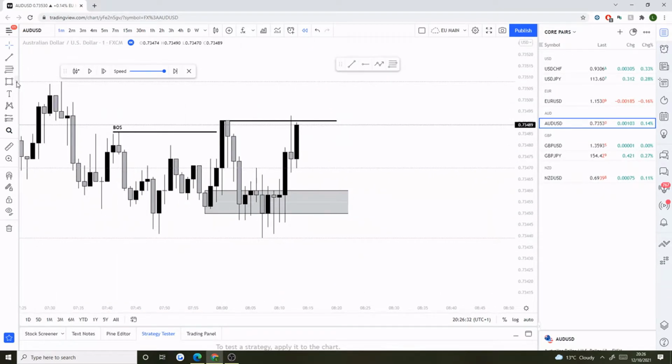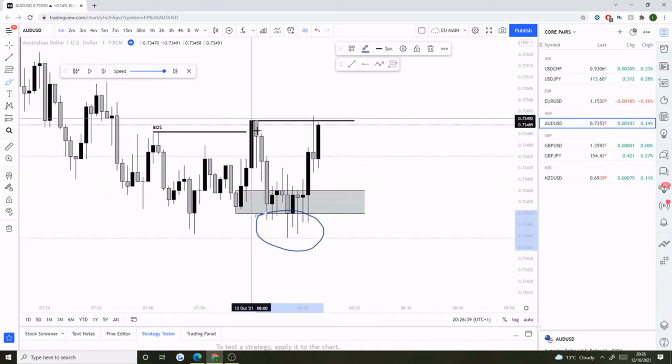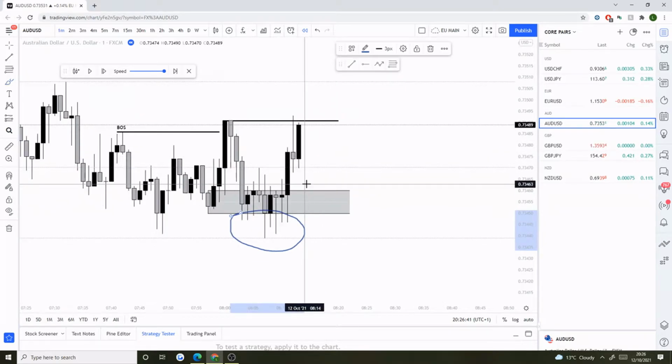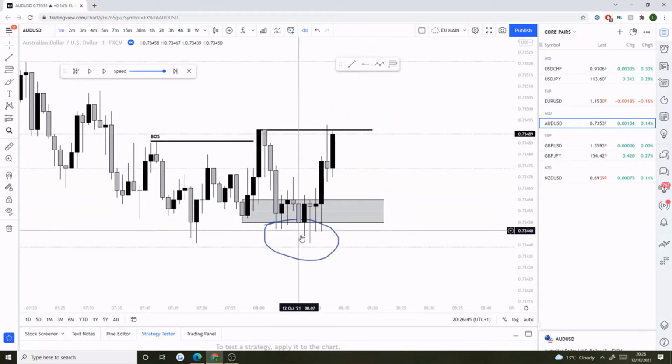The fact that it grabs liquidity below the order block adds confluence to this whole situation, because if the institutions did want to take it further down, there's no reason why they'd start doing these liquidity grab wicks right at the low of the day.